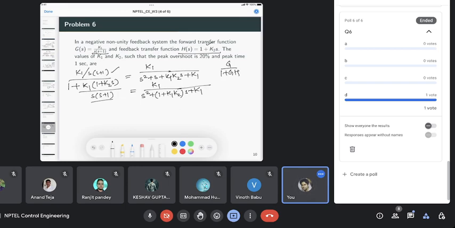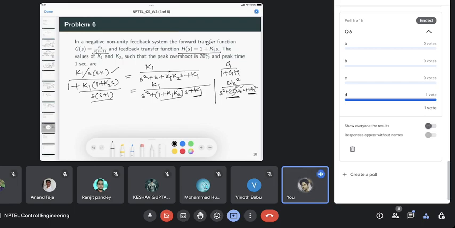If you remember, the standard form of the second order system transfer function is omega n square by s square plus 2 zeta omega n s plus omega n square. So you can just compare the coefficients and find K1. For that you need zeta and omega n.